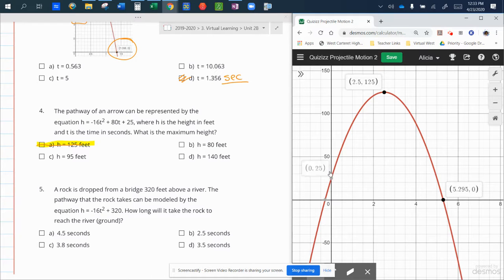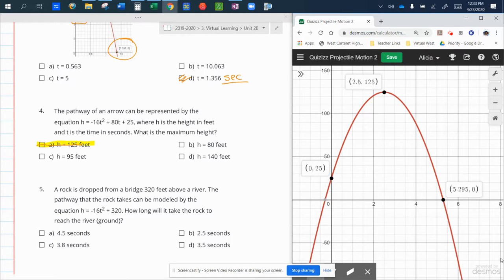Let's talk about this information for a second, because understanding what these 3 points mean in context to this word problem is going to solidify whether or not you can interpret projectile motion problems.